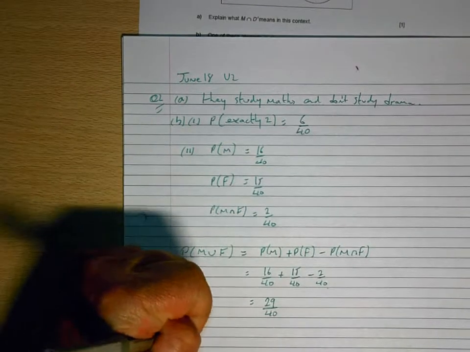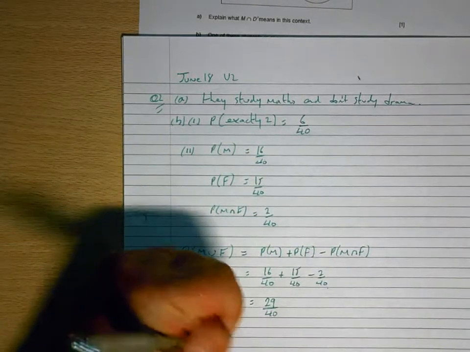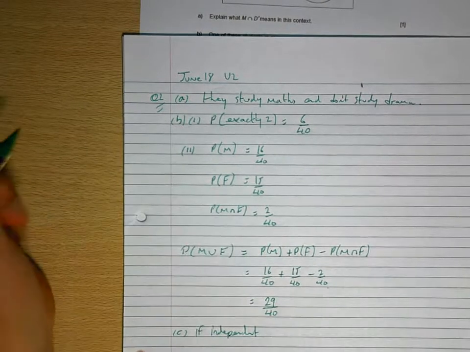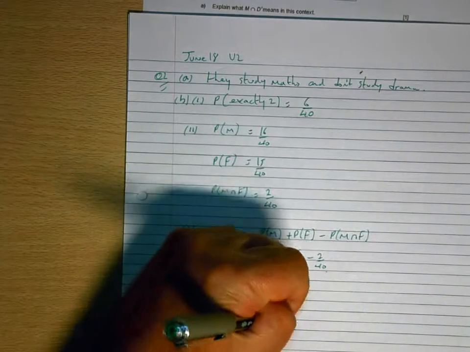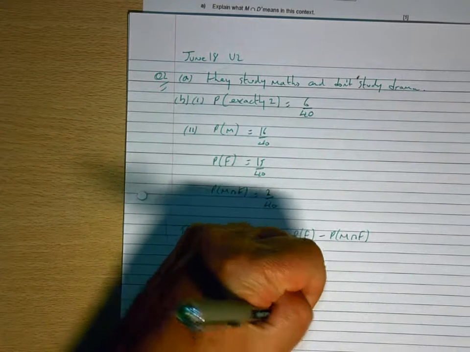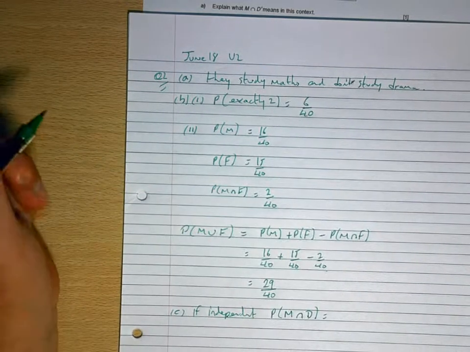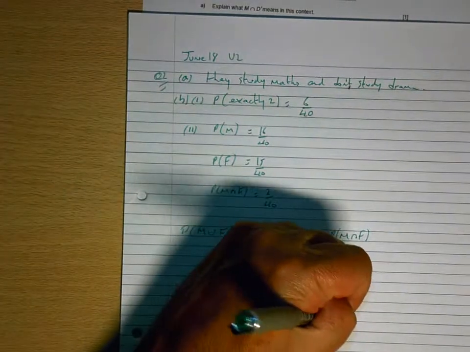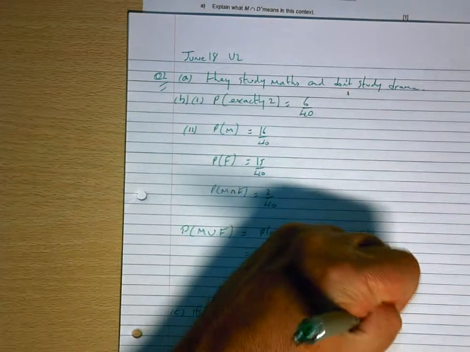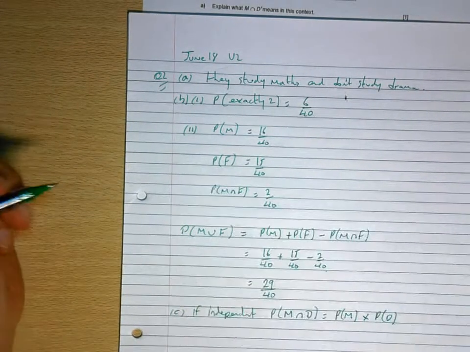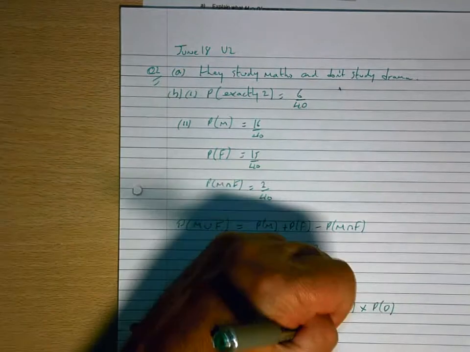So if independent, the probability of maths and drama would be the probability of maths multiplied by the probability of drama.